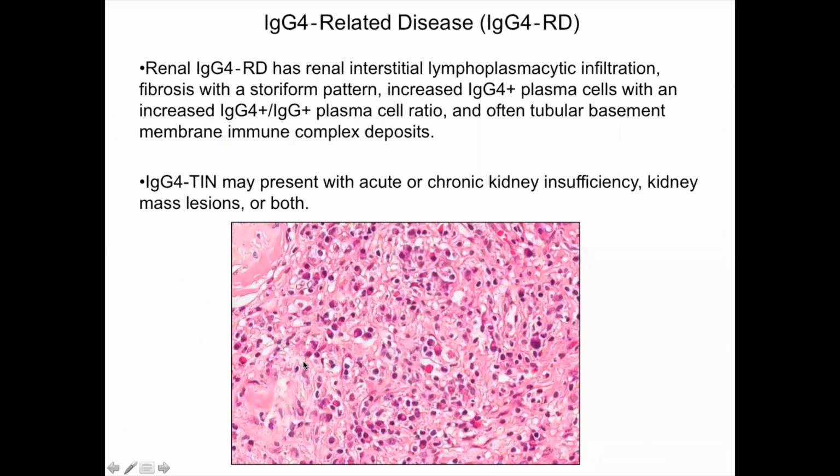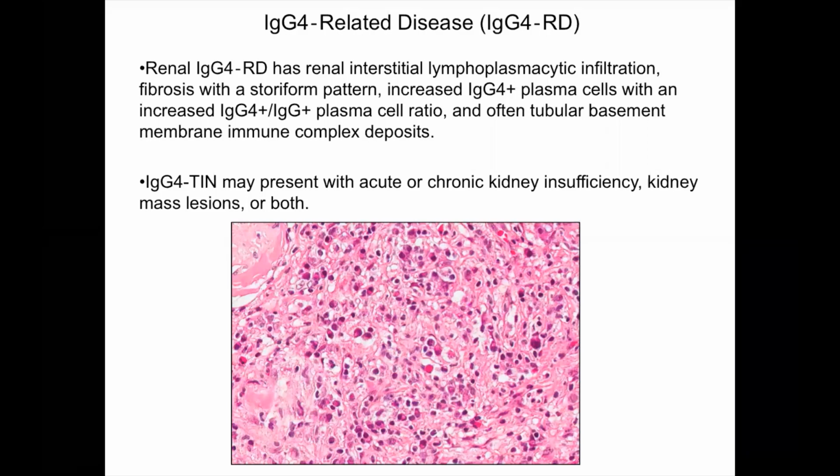All right. The other thing we think of, and actually it's not a very new entity, it was first described in 1961, but it was entered into the list of diseases I think in 2001, is IgG4-related disease.